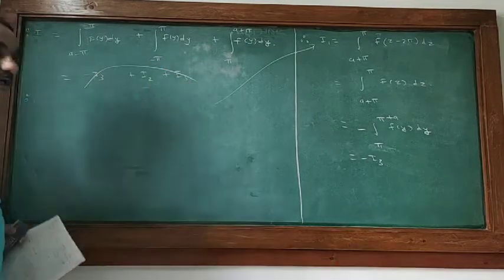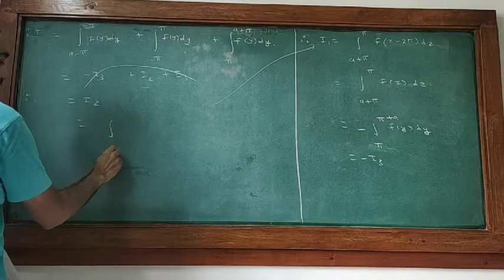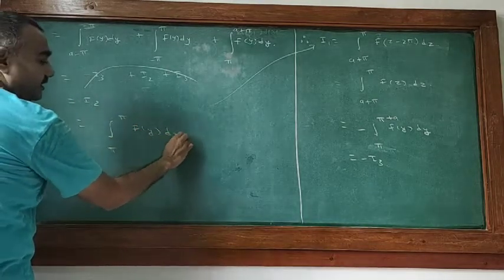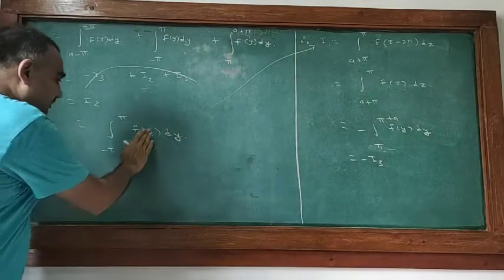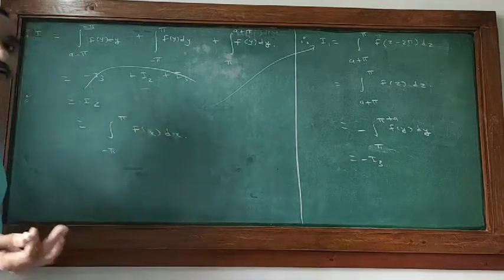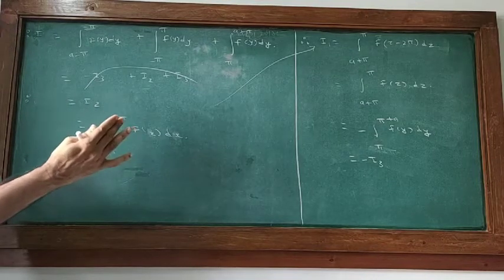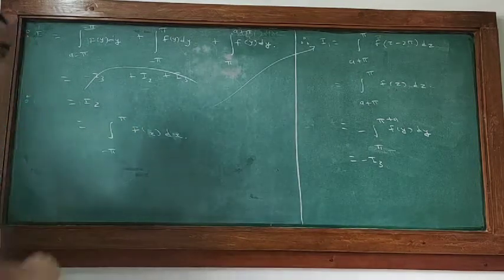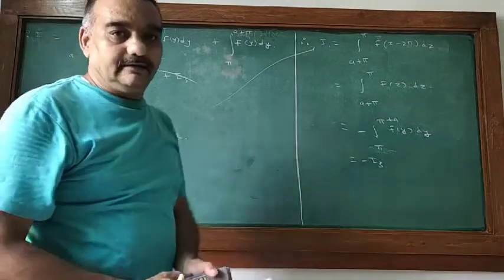So we can cancel out I3 and therefore this is I2. What is I2? The integral from minus pi to pi of f of y dy. As I said earlier, if we change the variable everywhere, the value remains unchanged. That is what we wanted to prove in this theorem. In this result, we wanted to prove this, and we got it. Okay.